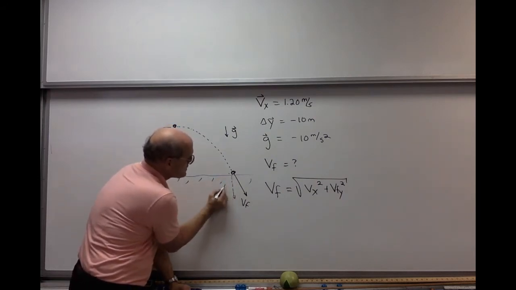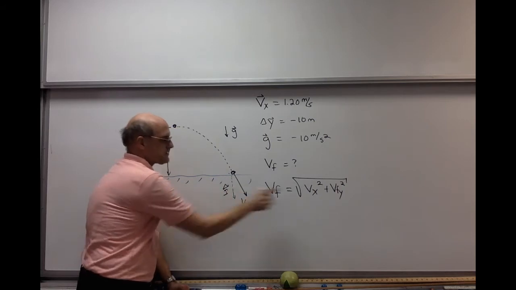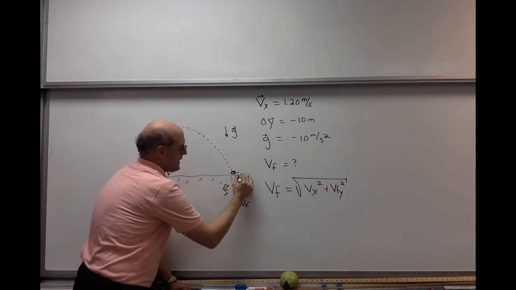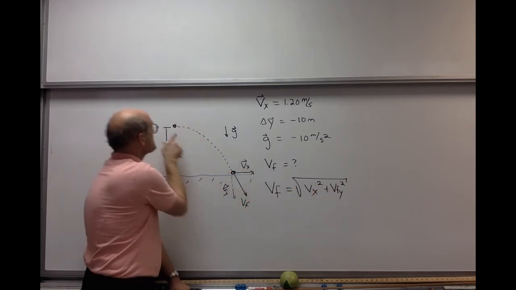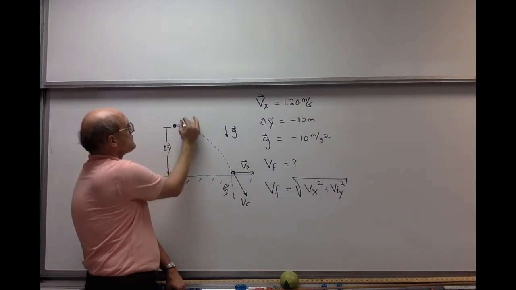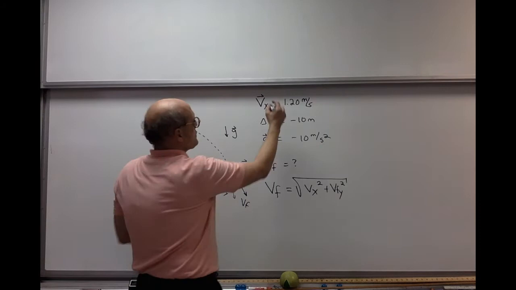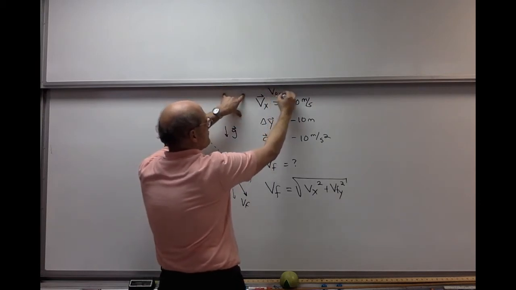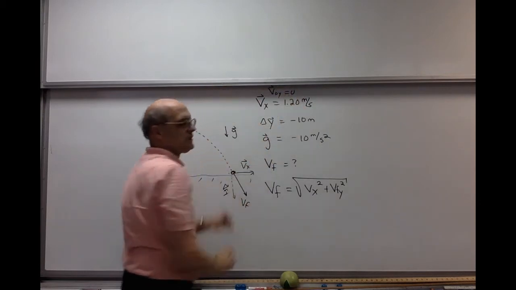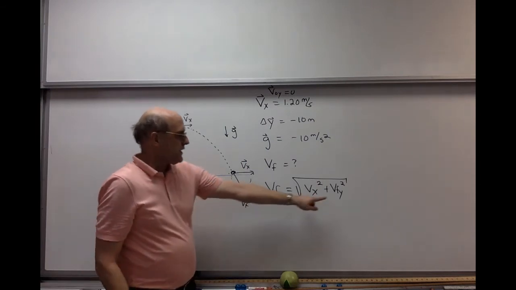That would be VFY, and then we have the VX, which is the same as what he leaves the board at. Now the other thing I'm going to put in the given information is that the original velocity in the y is 0, because I need to find VFY.